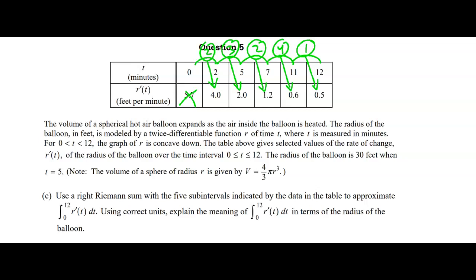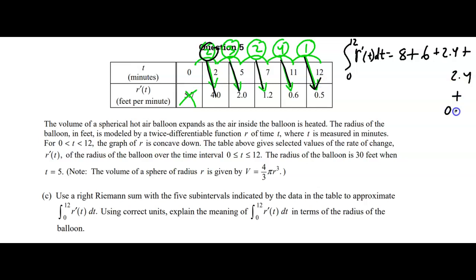Okay, so here we go. We'll have the integral from 0 to 12 of r prime of t, and that is going to be equal to 2 times 4, which is 8, plus 6, plus 2.4, plus another 2.4, plus 0.5.